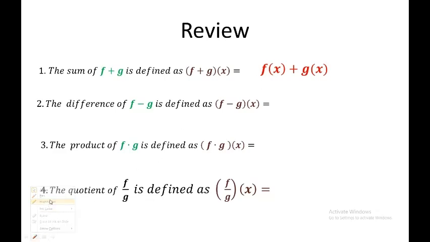That is for the sum of the two functions. Next is the difference of f and g functions. So you have f minus g of x, or the difference of f and g functions of x. That is equivalent to f of x minus g of x. So all you have to do is subtract the two functions.